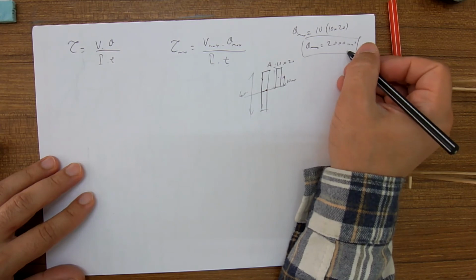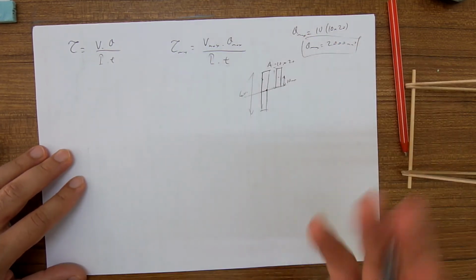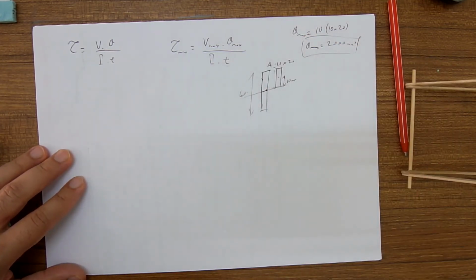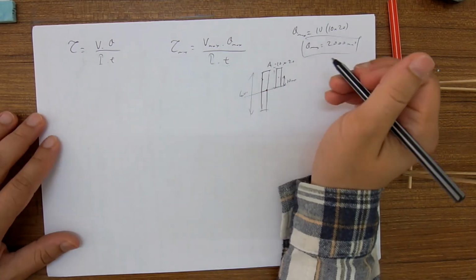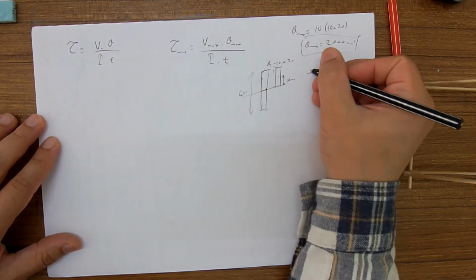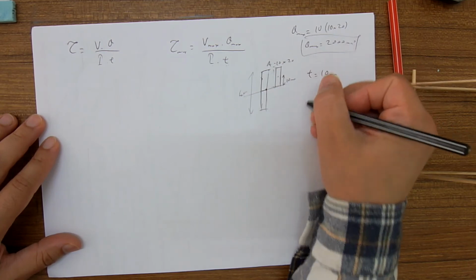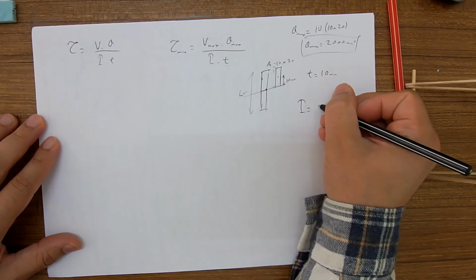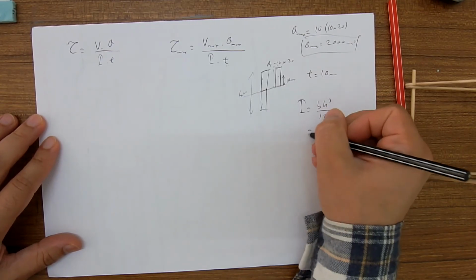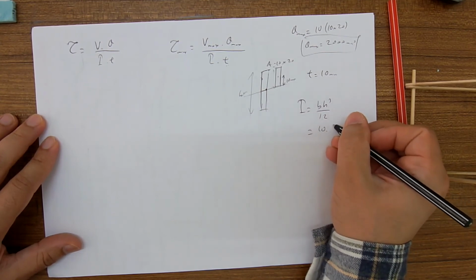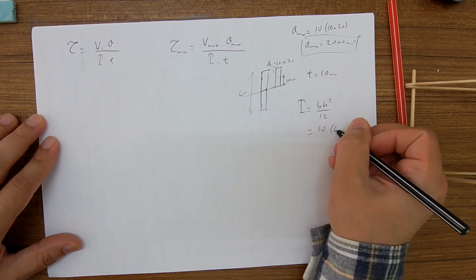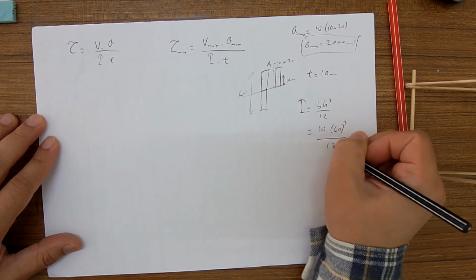So we did it in millimeters, but we can convert it into meters, also pascals. Okay, T is equal to 10 millimeters. I is equal to b h cubed over 12. B is 10, H is 40, cubed over 12.